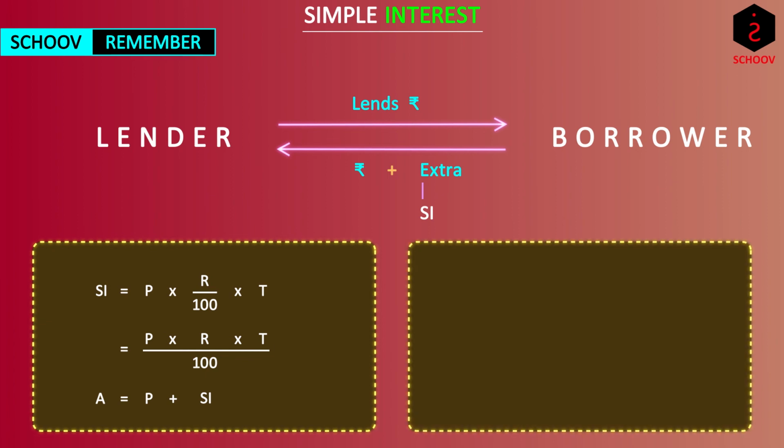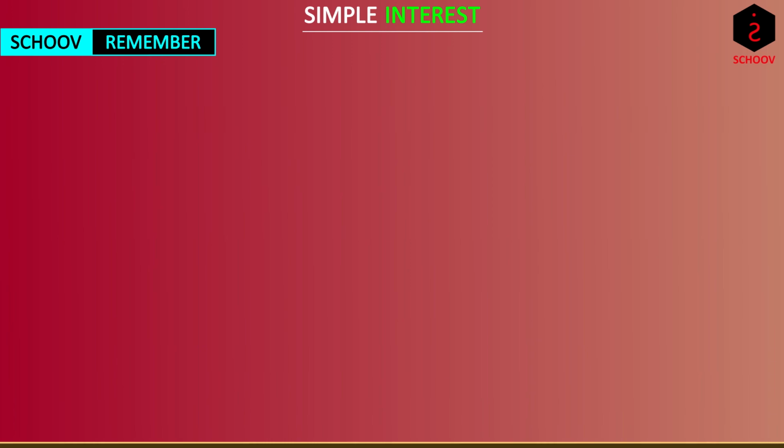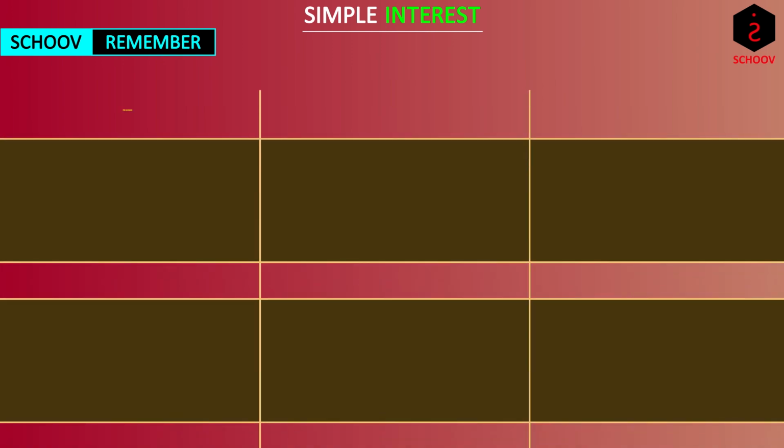Second, we learned that we can get 4 kinds of questions in which we have to calculate SI, principal or amount, rate or time. Third, we saw that usually rate of interest is per annum, but if it is not, it is either half yearly or quarterly.